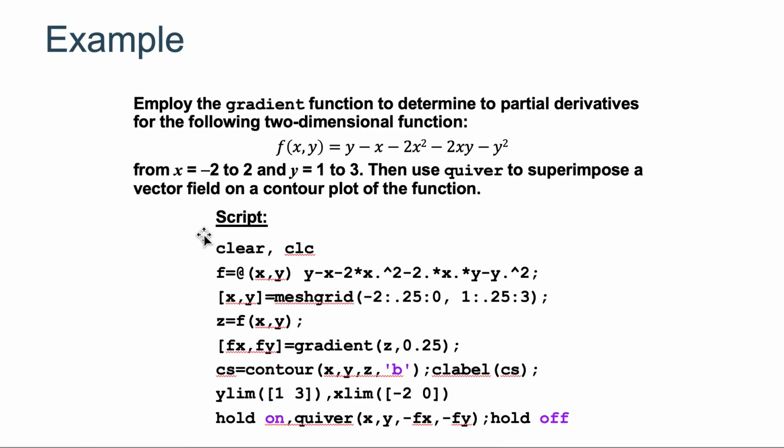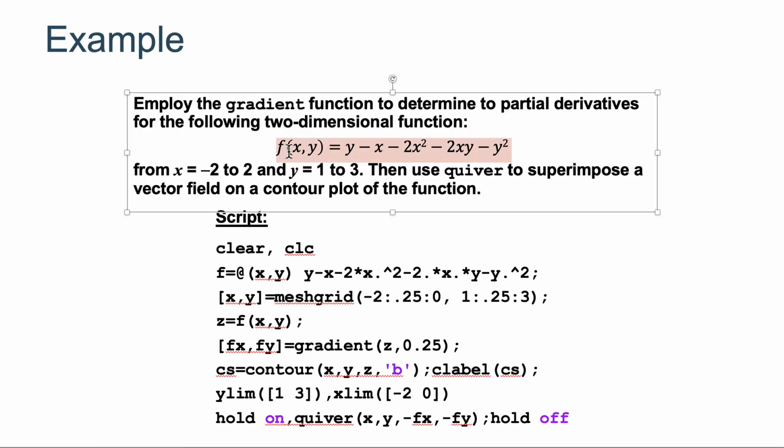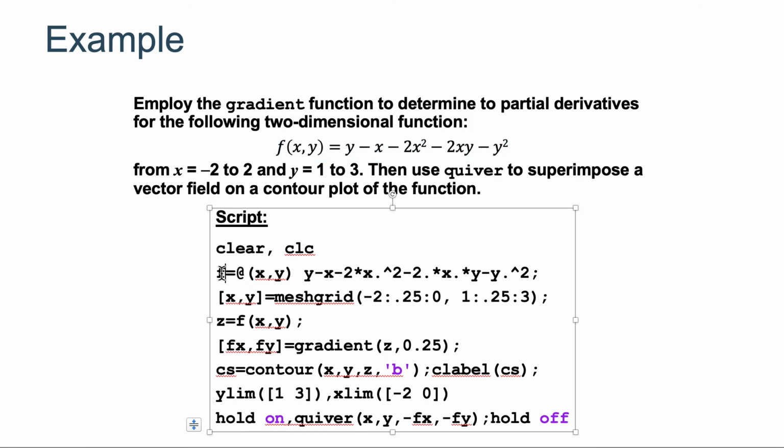Right, so here's an example, here's a script. Some of you might recognize this from our past videos as a quadratic function in two dimensions, f of x, y, right? And you have quadratic elements in x, quadratic elements in y. You have the mixed term here, and you have the y and x terms by themselves. So here's a script where you can first declare a function like that. This is an inline declaration. You produce your grid of coordinates that way, and you then evaluate the function at those particular coordinates.